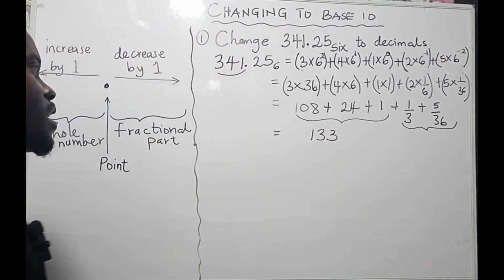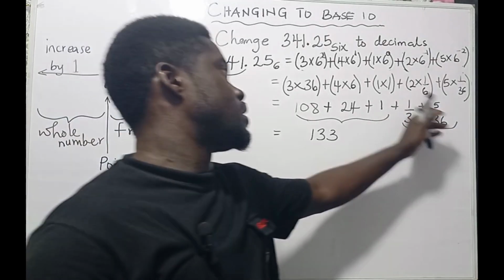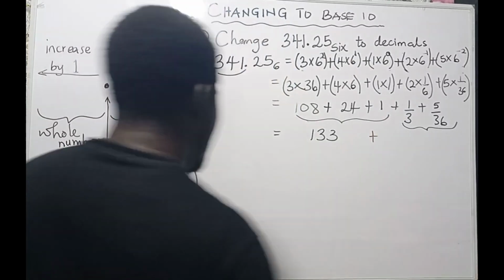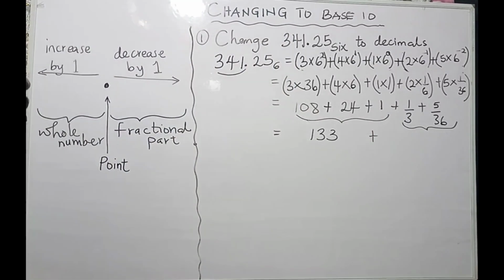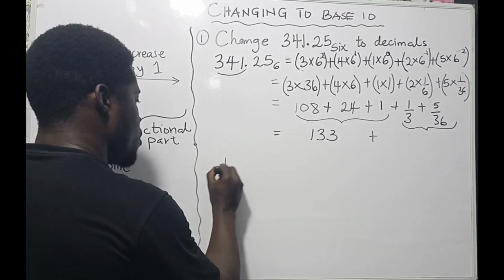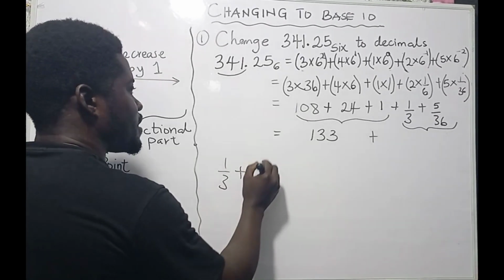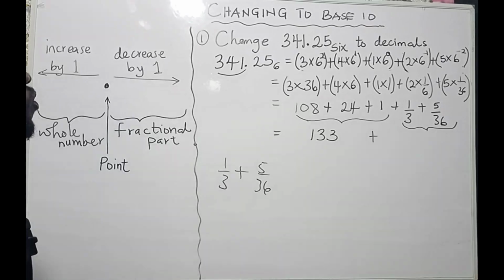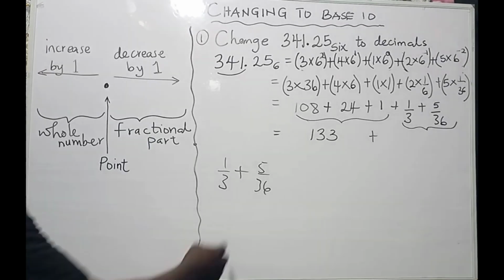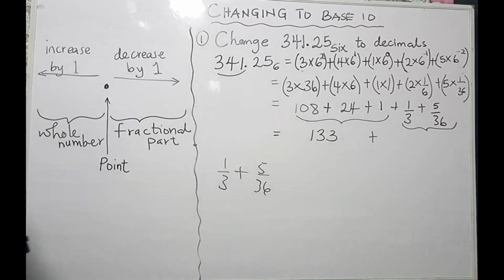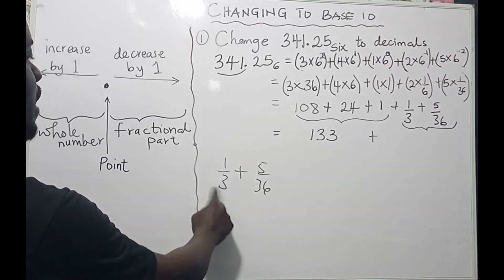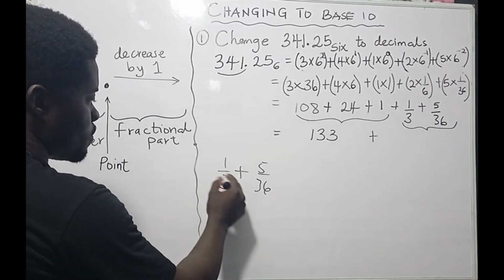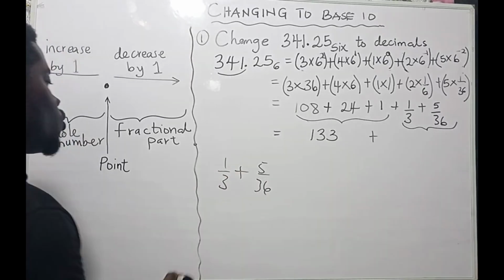Now for the fractional part, you can use your calculator just to punch it and have it there, but we will perform some simple arithmetic here. So we have 1 over 3 plus 5 over 36. According to fractions, we can add or subtract them only when their denominators are the same. So how do we make this 3 become 36 so we can add them?